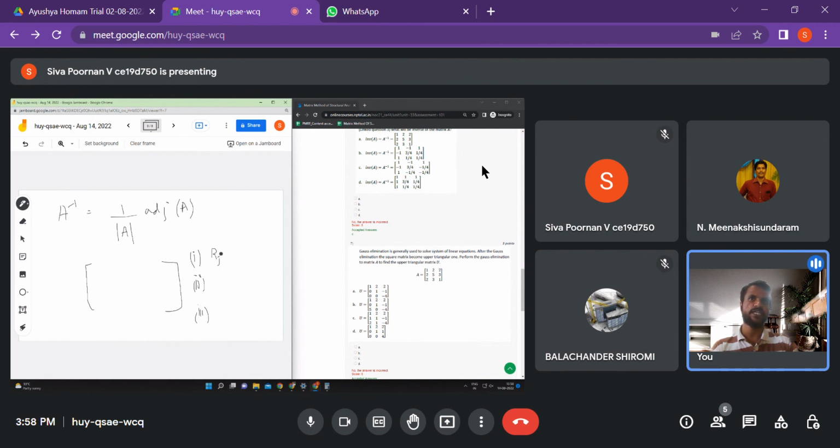Any row can become k times itself, where k is a real number, a scalar, but not equal to 0. What is the second rule? Yes, interchange should have been the first. So we can interchange any two rows.